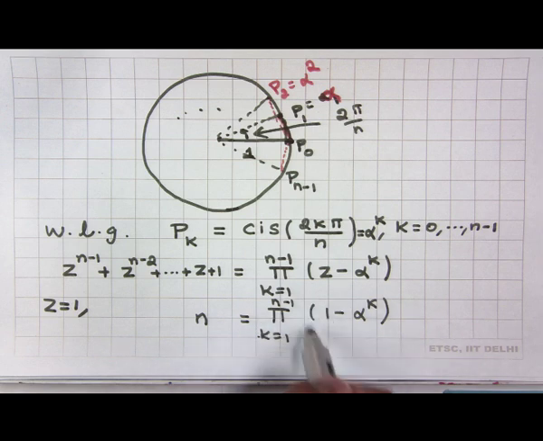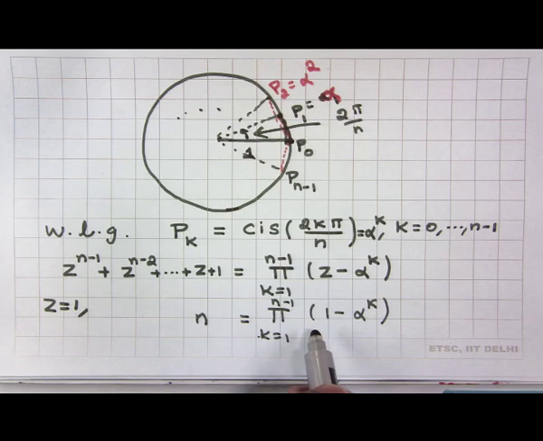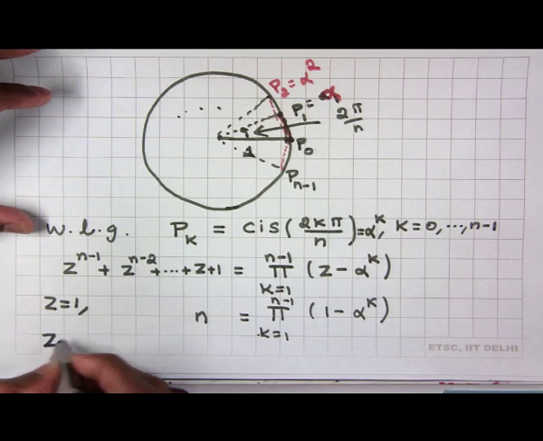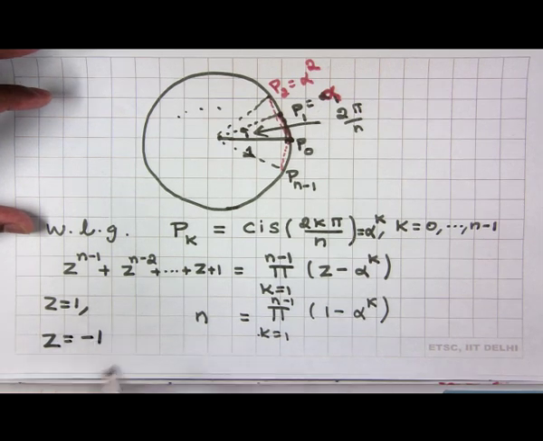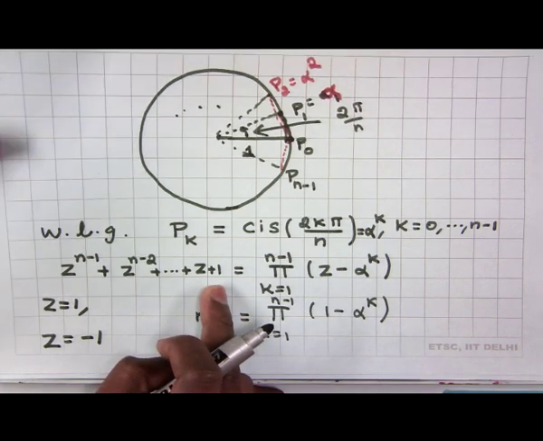Once you take its modulus value, we got the sine expression. Now, the hint is to use z equal to minus 1 in this identity and do a similar procedure.